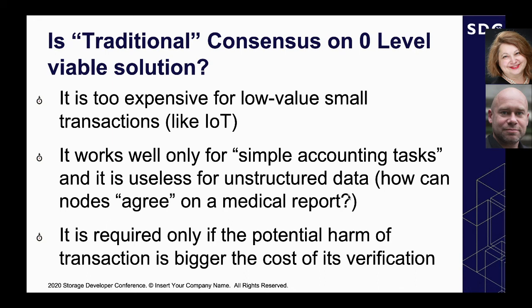First, we have to admit that even the simplest version of distributed consensus is still too expensive if we want to support high volume, low value transactions, the kind of transactions IoT requires. Second, by definition, consensus is designed to support a specific business case. And if you have a blockchain with pre-built consensus, we actually have a single case blockchain.